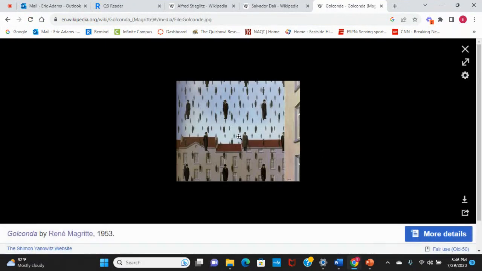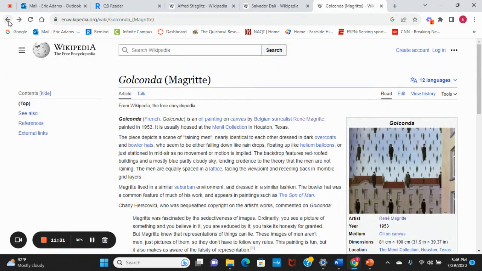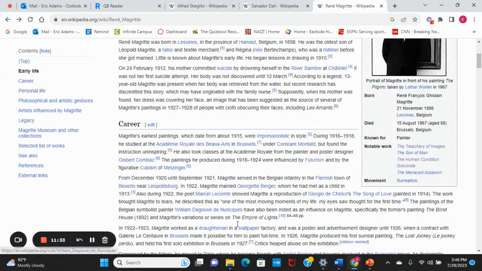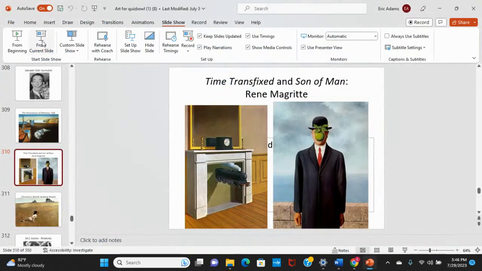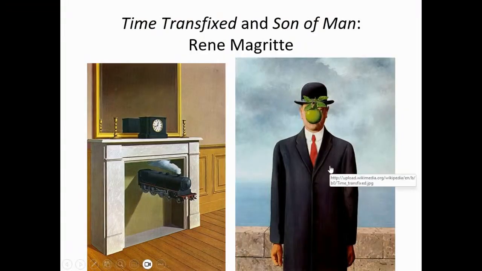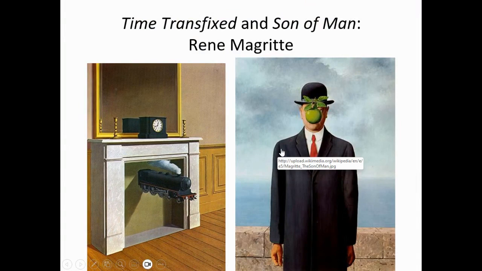And you can see Golconda there with all the floating fellows all over the place in the background of the building. But at any rate, so that is Rene Magritte, Belgian surrealist artist that comes up in Quizbowl quite a bit. But these are the ones that keep you from going dead. They would actually toss this up. The other ones would probably be clues with Magritte himself as the answer line.